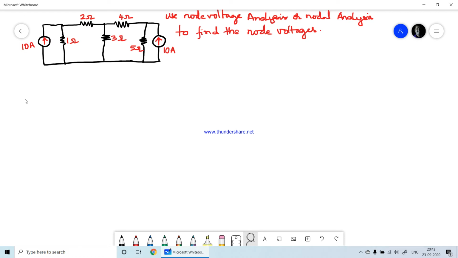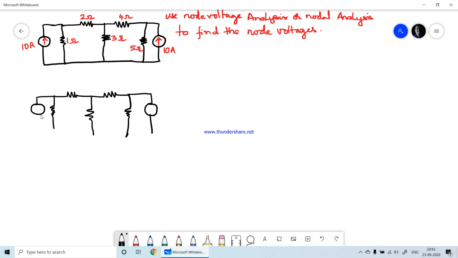So let us see the steps involved here. The first step is we need to mark all nodes in the given circuit diagram. For that, I'll write the circuit diagram once again so that we can mark the nodes.